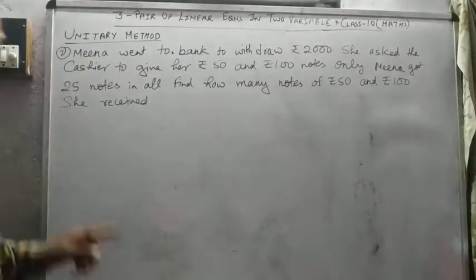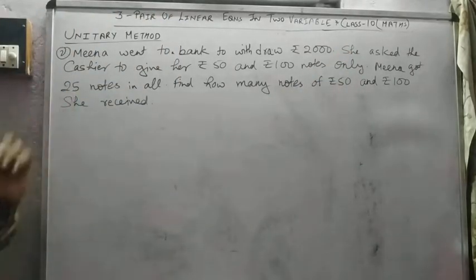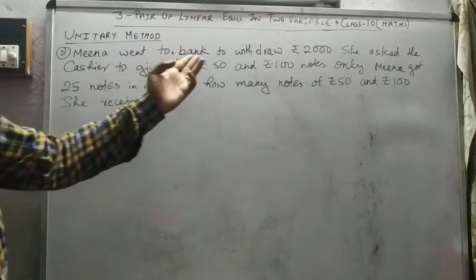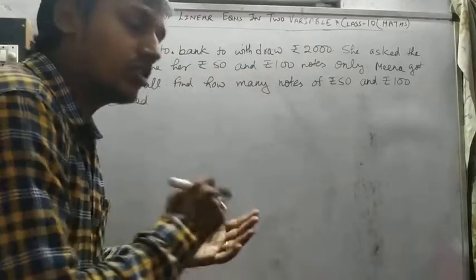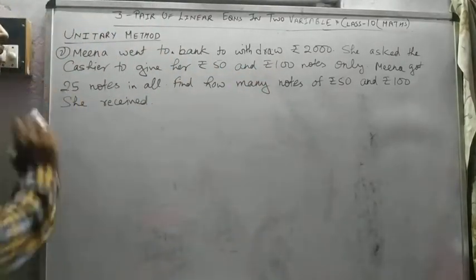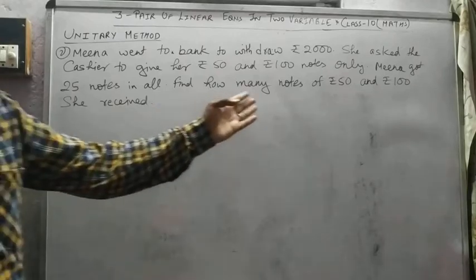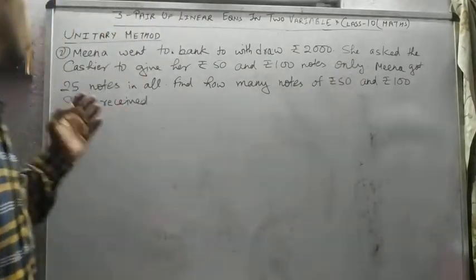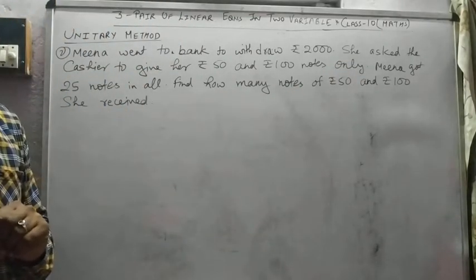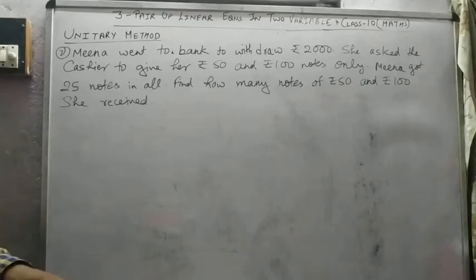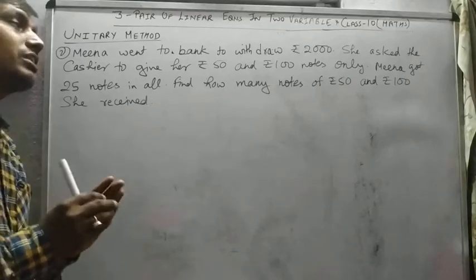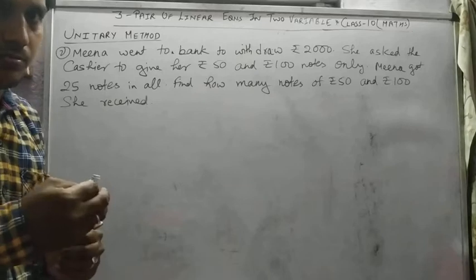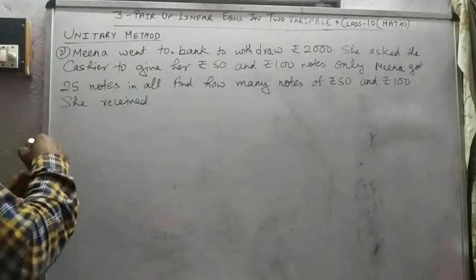Meena got 25 notes in all. Means the total count of 50 and 100 rupee notes makes 25 notes. So how many notes of 50 rupees and 100 rupees did she receive? It is the unitary method, but something different.